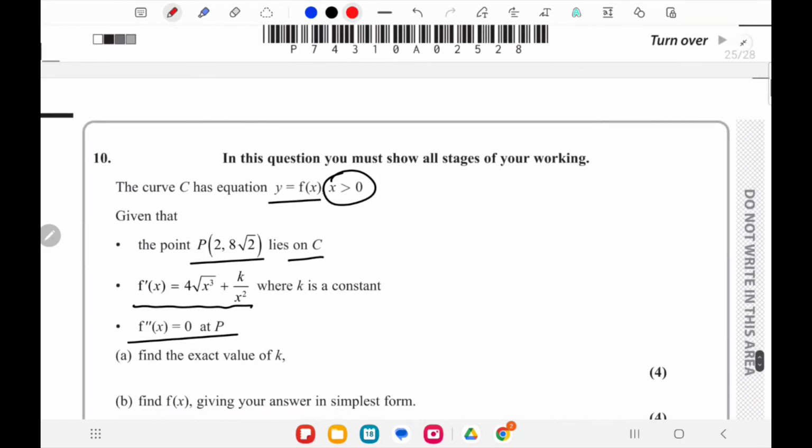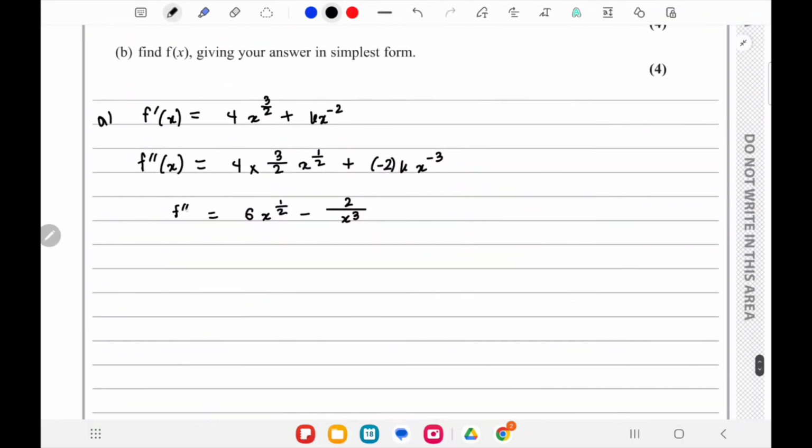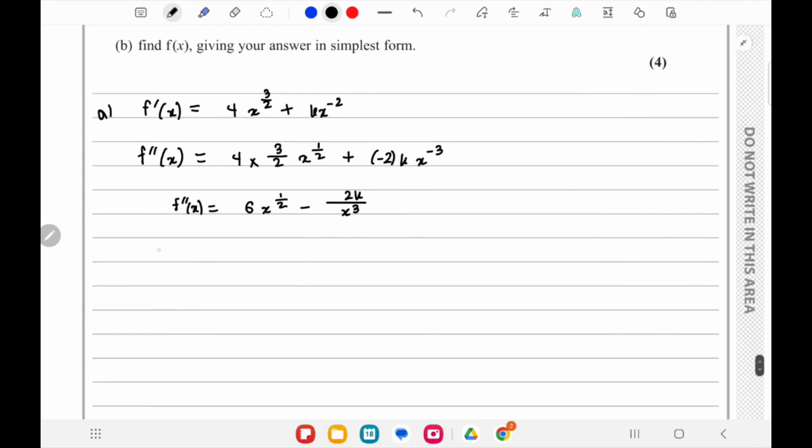Now we are given at P f double prime x is 0. So if we put x equals 2, f double prime of 2 is 0. We have a k over here as well. So 6 into root 2 minus 2k by 8, 2 cube, is 0.